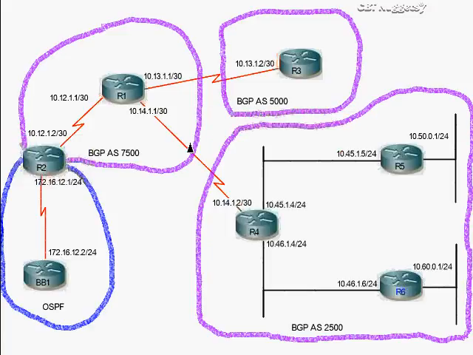Because imagine that your autonomous system is connected to 2 service providers. Well, imagine this. What would happen if this service provider started advertising this network and this network to you? Well, it would come to you, and what would your BGP router do just by its nature? It would send those routes over to this service provider. We'll say this is service provider 1, service provider 2.